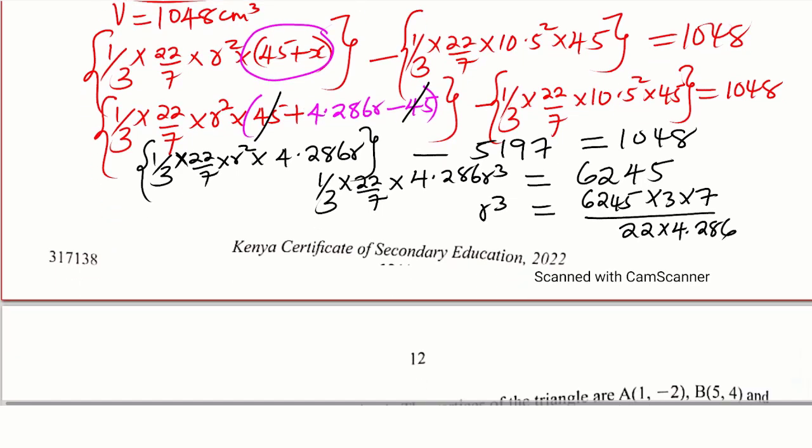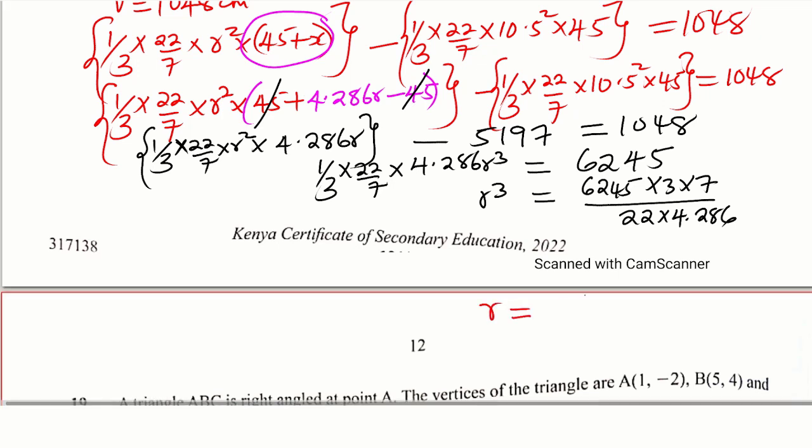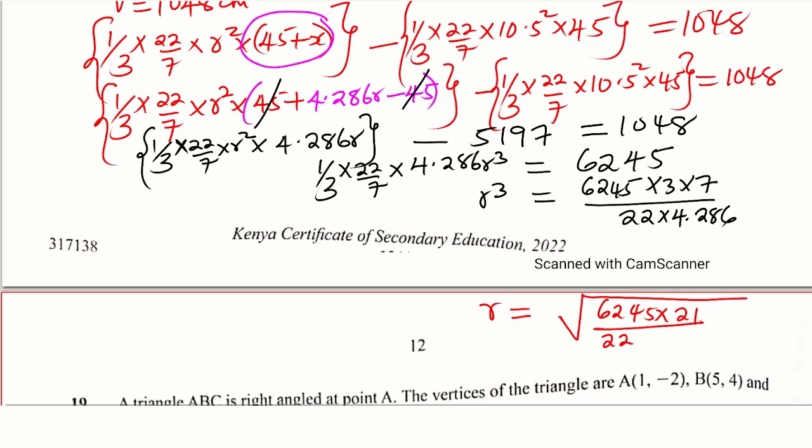So of course now to get the radius, you just need to get the cube root of this. The cube root of 6245 times 21 divided by 22 times 4.286, work this out, you will get 11.16.